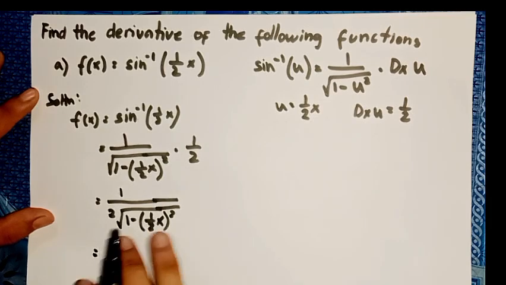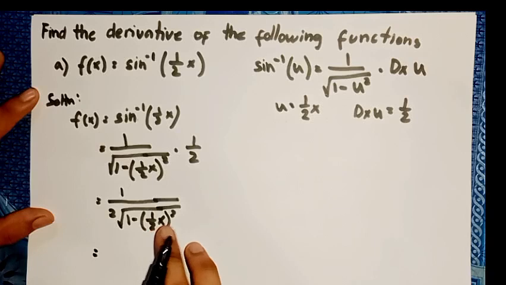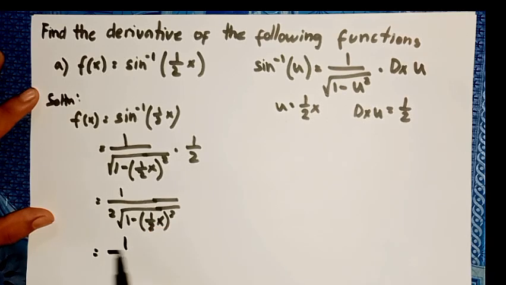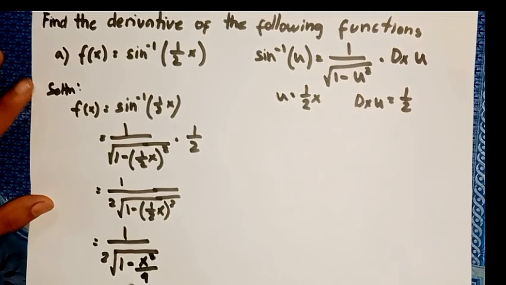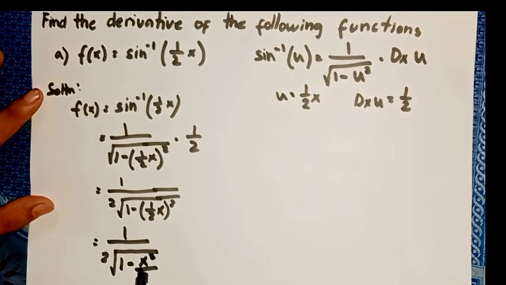Now, let's simplify this parenthesis. So 1 over 2 square root of 1 minus 1 half x squared, and 1 half x squared is equal to x squared over 4, right? Next, let's subtract: 1 minus x squared over 4.